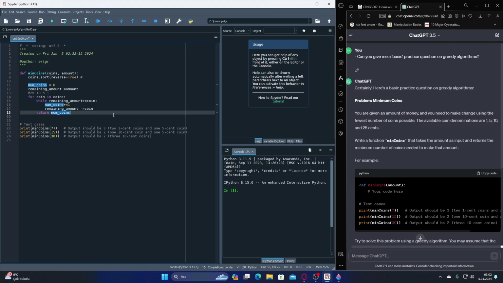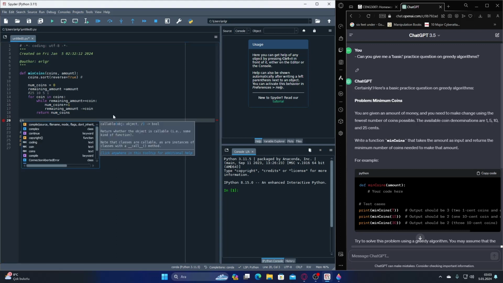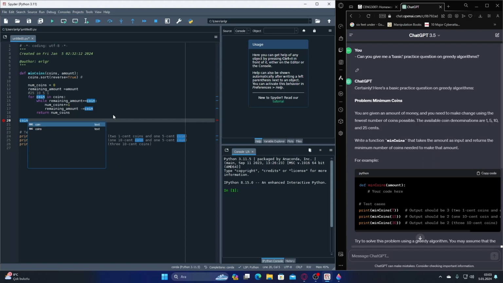Did I make some mistakes? Actually not. Yeah, I forgot to show the coin, so I will name it denomination.